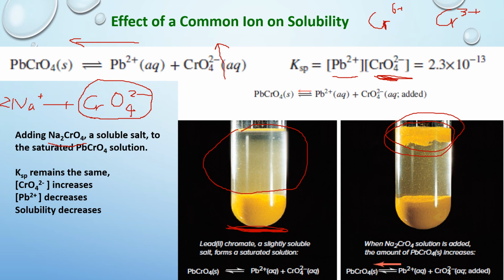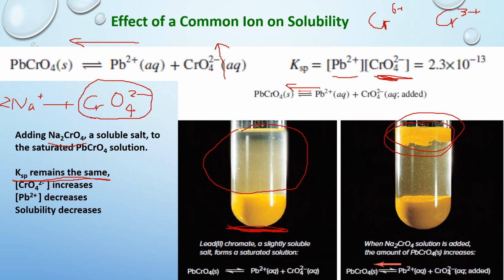This more solid generated is due to the net reaction, or due to the shift of this equilibrium, because the equilibrium position shifts to the left, which means more solids are generated. Because we're keeping the temperature the same in this experiment, the KSP is also the same.